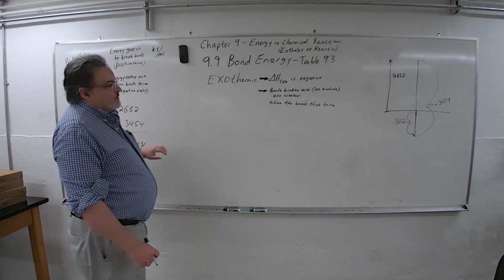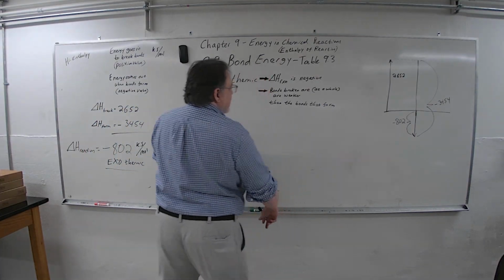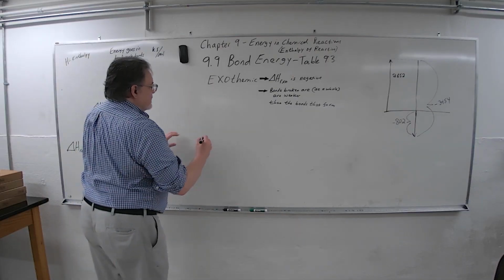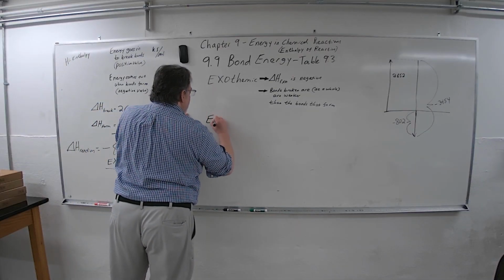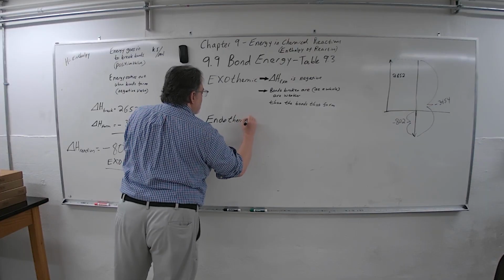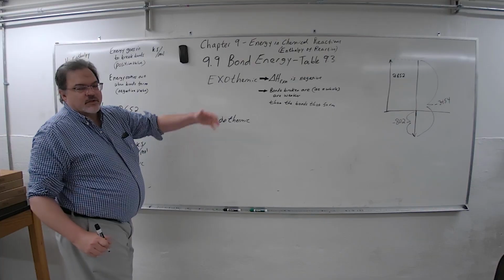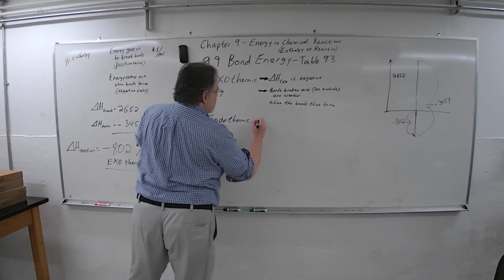So this is my exothermic. It is possible, the other one is endo. An endothermic reaction is just the backwards, the opposite of all of this. Delta H will be positive.